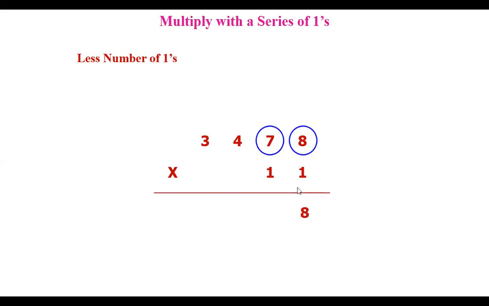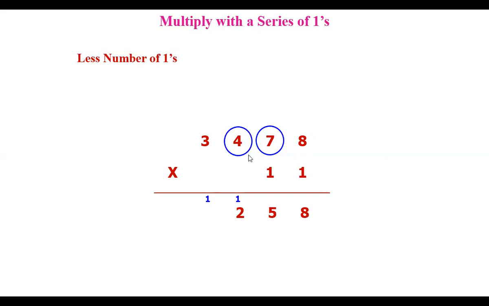Next 2 numbers, 8 plus 7, 15, 5 in the tens place, 1 in the hundreds place. Next, only 2 numbers. We cannot go for a third number because we have only 2 digits here. So remove this 8, add 4 on the left side. So 7 plus 4, 11, 11 plus 1, 12, 2 here in the hundreds place, 1 in the thousands place.